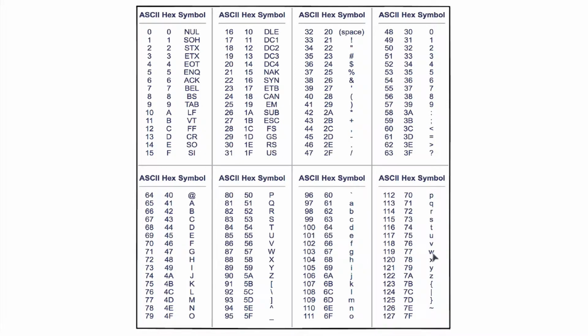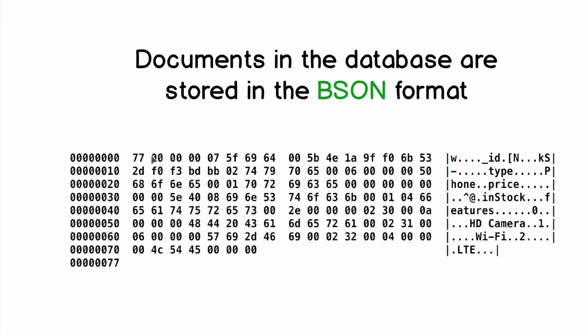For example, the symbol W has the corresponding hexadecimal value 77. And here you see 77 at the beginning of this piece of data. And here you see W at the beginning in this part. This part is simply an attempt to parse the data. And when there is no corresponding letter, number or special symbol for a specific ASCII code, you will see a dot here.